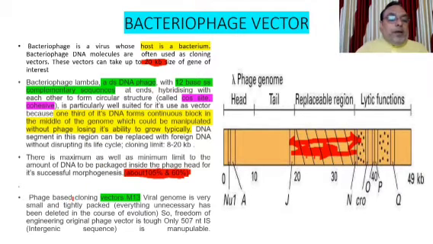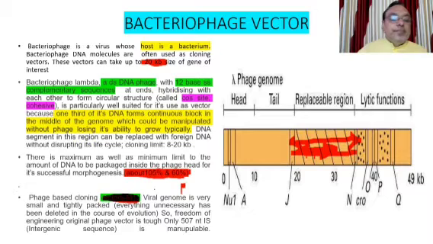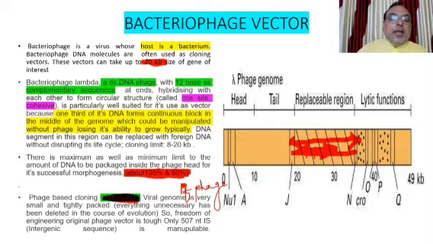Now, there is the M13 vector. This is of a group of vectors which is called the F phage, that is, F filamentous phage.